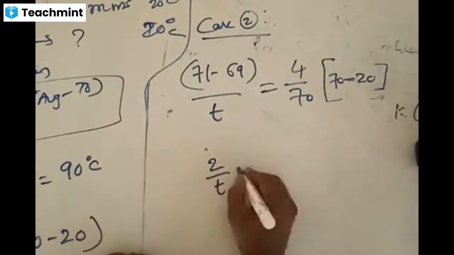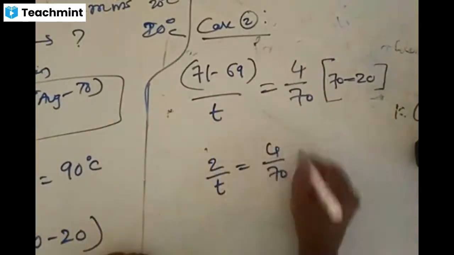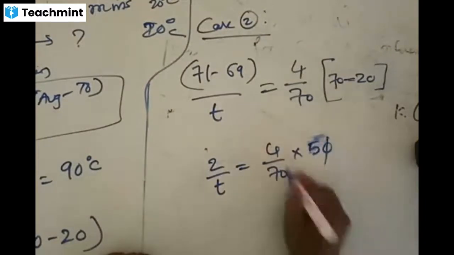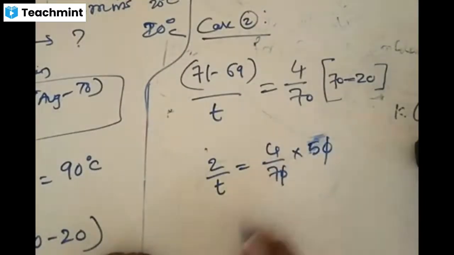That is 2 by T is equal to 4 by 70 into 50. 0, 0 gets cancelled. 4 by 5, 20. 2 by T is equal to 20 by 7.